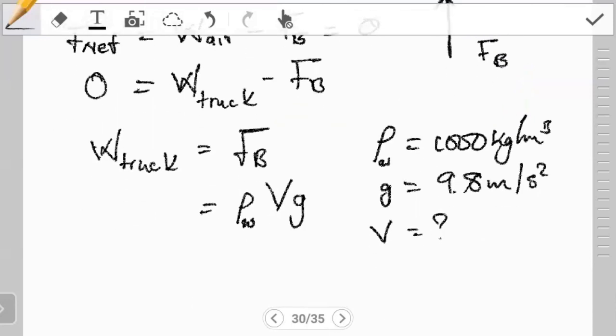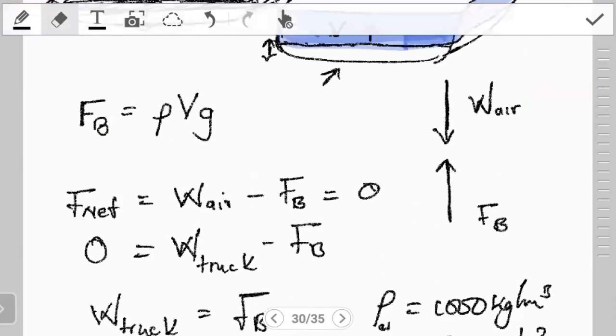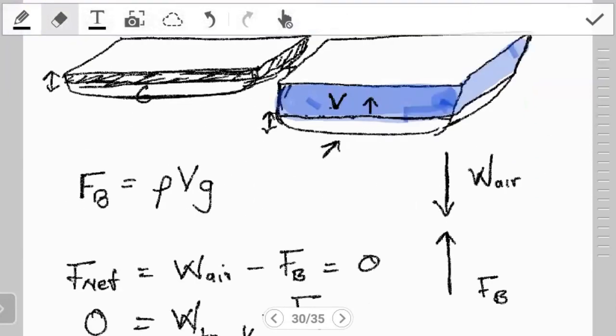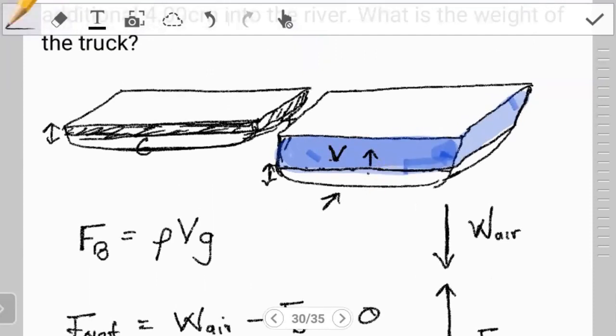Okay, so in other words, to get that volume, since we're given the dimensions, taking this as a rectangle, let's say we have 6 this side, 4 this side, and the height is given as 4 centimeters, which is 0.04 in meters.